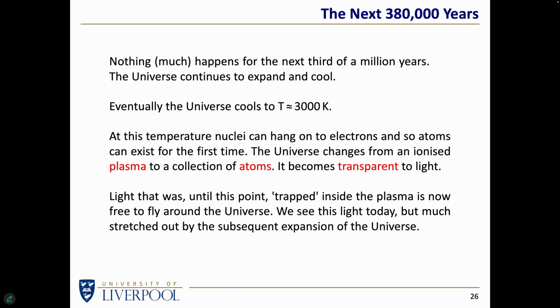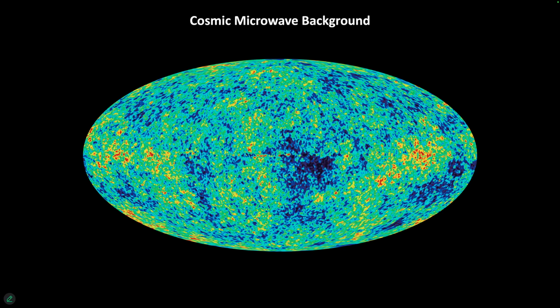It's been stretched out 1,000-fold, so instead of the wavelengths being microns, the wavelengths are now more like millimeters. And that particular light is microwaves. And that is precisely what the cosmic microwave background is.